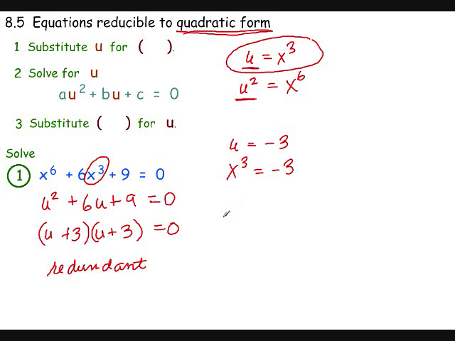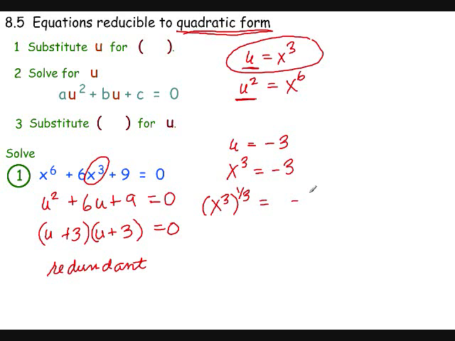So what are we going to do to find out what x is? That's right, we're going to say x to the third power, and we're going to take the cube root of that.